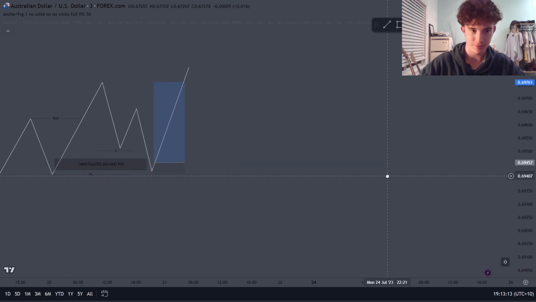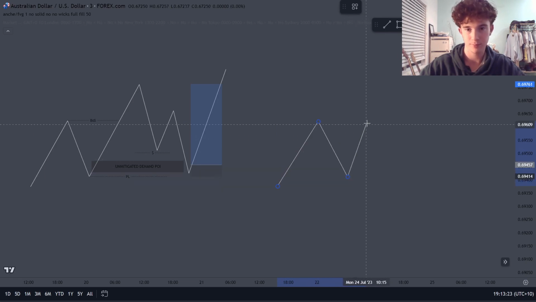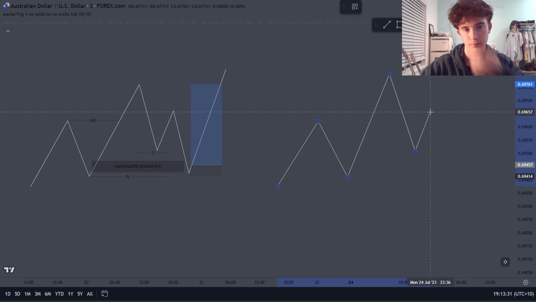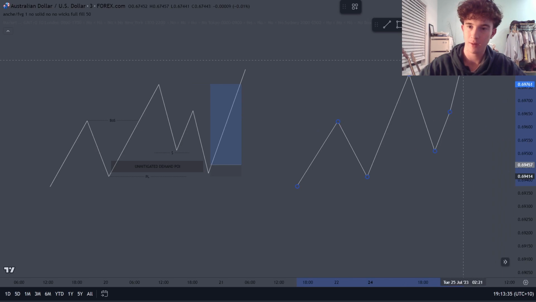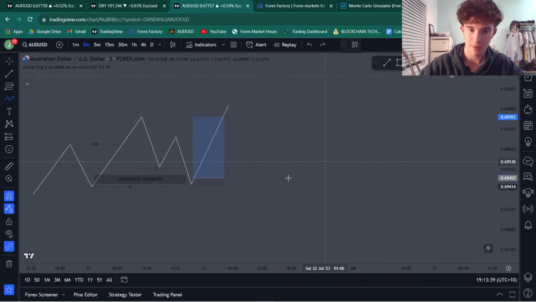Then we have this one, where it's break structure, let's restart.